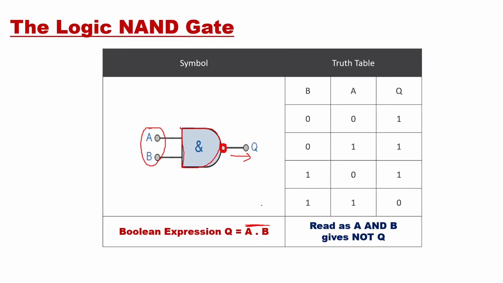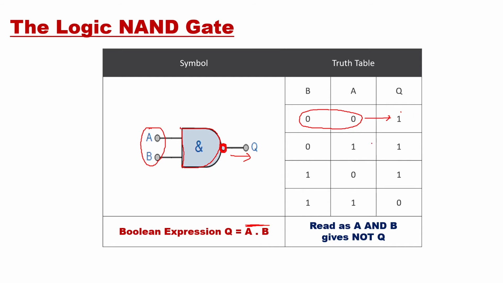What does this mean? For the AND gate, we know that for 0 0, the output was 0. But that output 0 is now inverted and has become 1, because we are speaking about NAND performance. NAND performance means it is going to give you outputs opposite to, inverted from, those of AND.